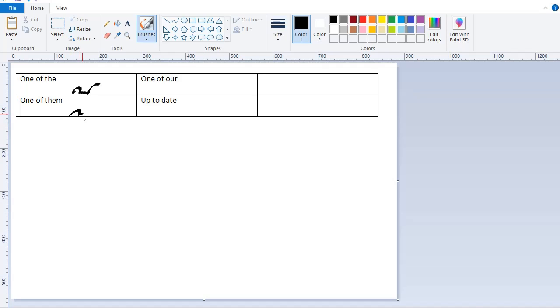One of them. So, we have one and then them. Okay? So, them is DM, DM-TM blend. Okay? Next, one of our. So, 1 hour. Magiging 1 hour. So, pwede namang maging 1 hour yan.